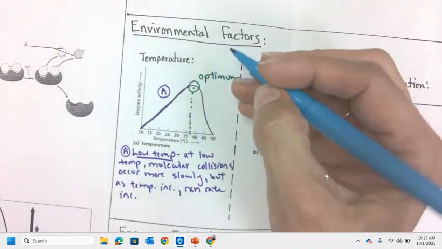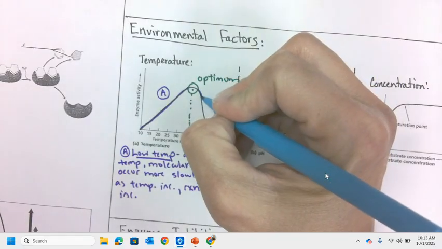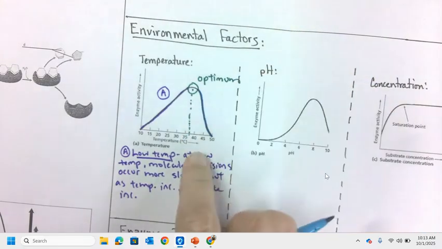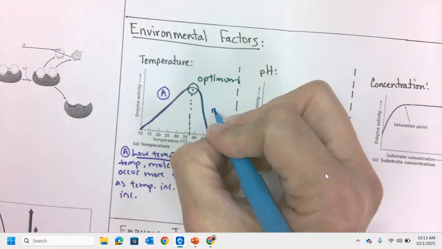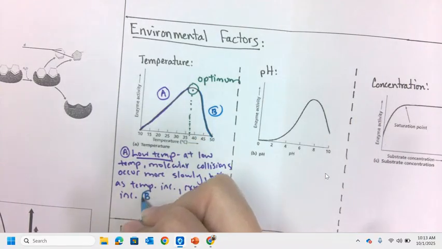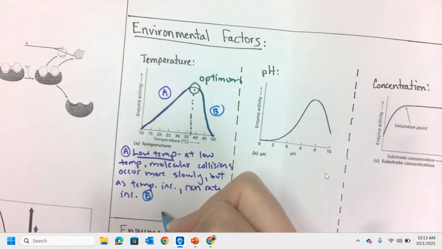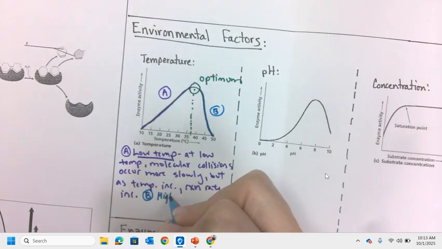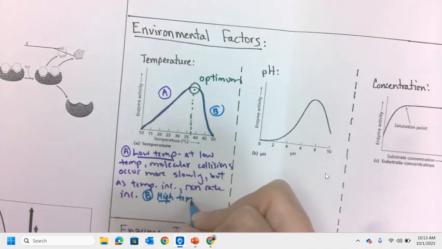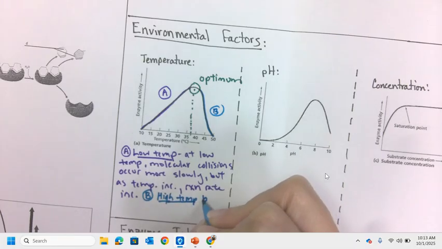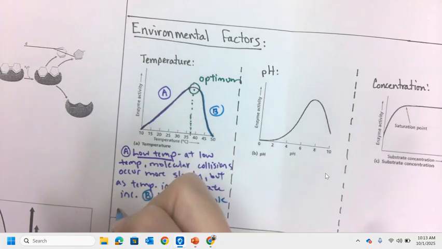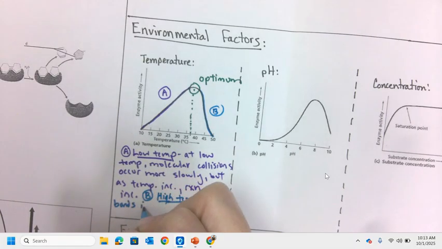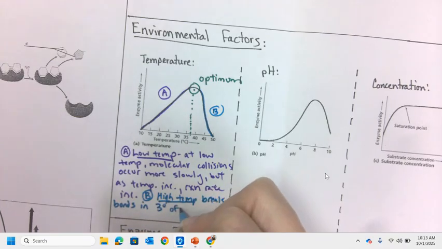So we'll label this part of the graph B. That starts to slowly happen and then more rapidly happen until there's no enzyme activity. So B, at high temperatures, break bonds in the tertiary structure of the enzyme.